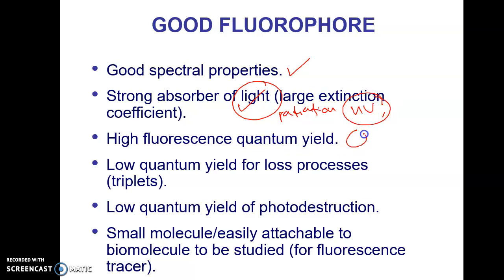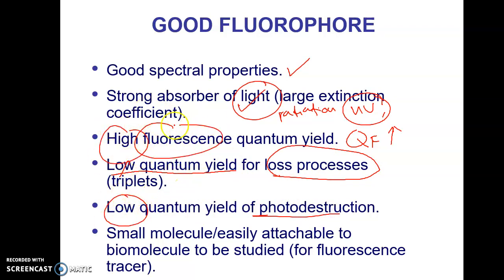We want to have high quantum yield for fluorescence, but we don't want high quantum yield for all those non-radiative effects. So we want to have low quantum yield for loss. Loss must be reduced, photo destruction must be reduced, so that the fluorescence will be high.